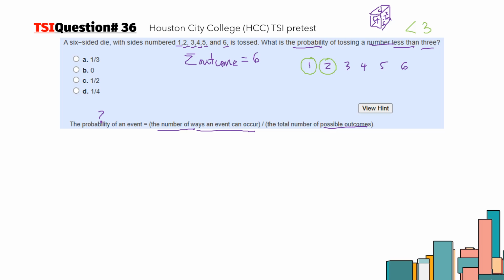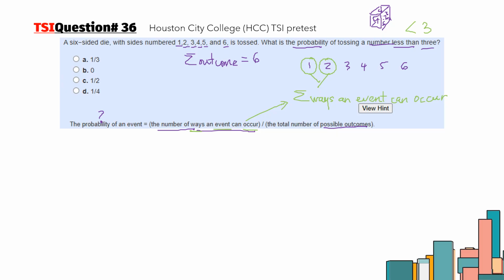All right, so we have two ways that the event can occur, 1 and 2.